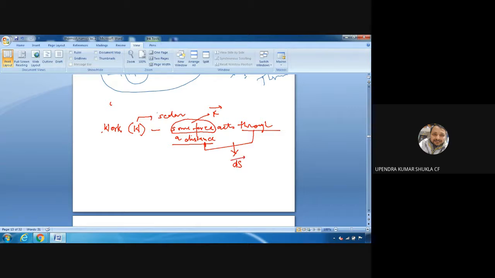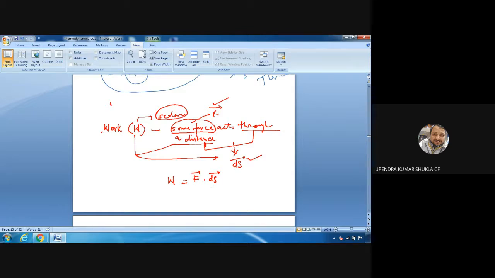Since work is a scalar and both these quantities are vectors, work must include both. So what will you do? You will take a dot product or a cross product. Dot product will give you the scalar quantity W, so W is equal to F dot ds.